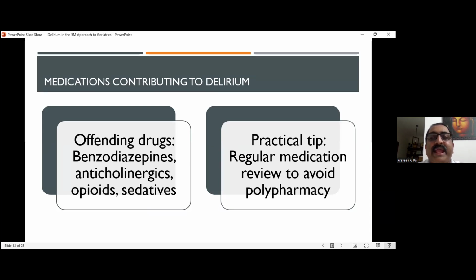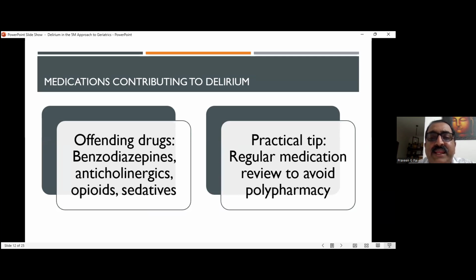So again, as I said, polypharmacy. When you think about medications, there are a lot of offending drugs. It means those drugs are not always good. It's not that modern medicine is bad or anything. A doctor or a healthcare worker should be very vigilant.